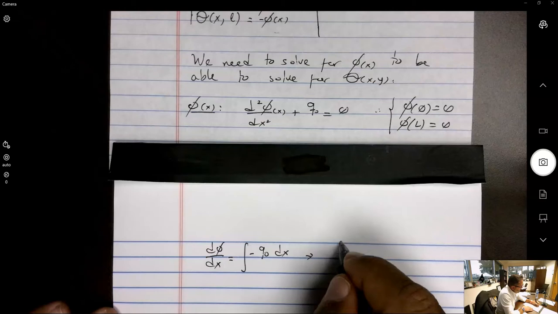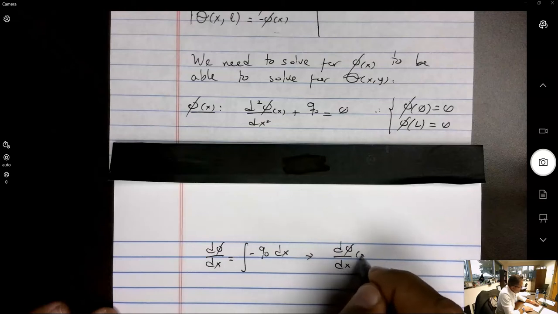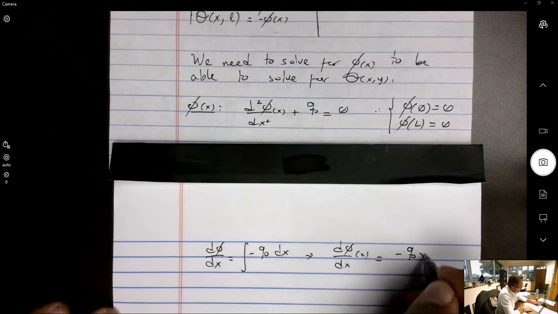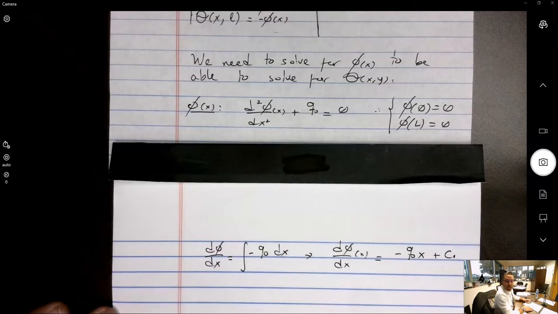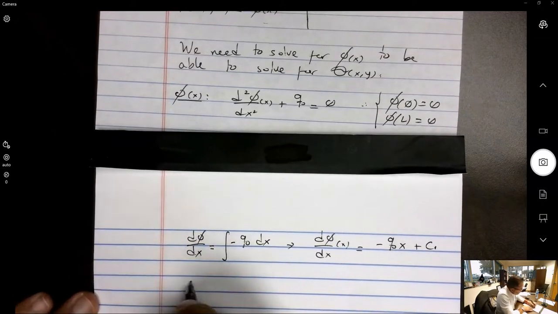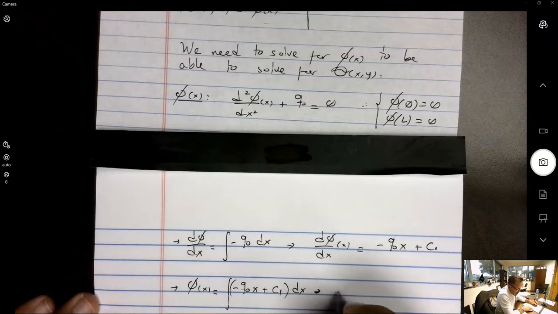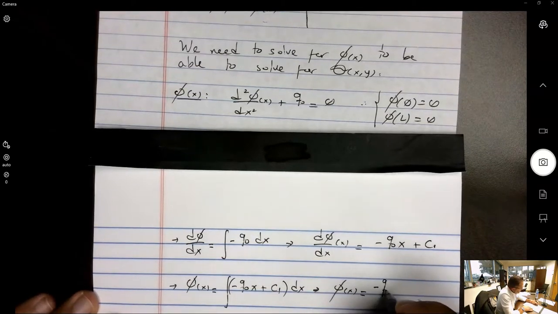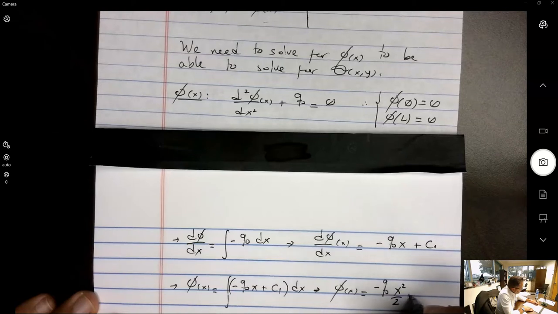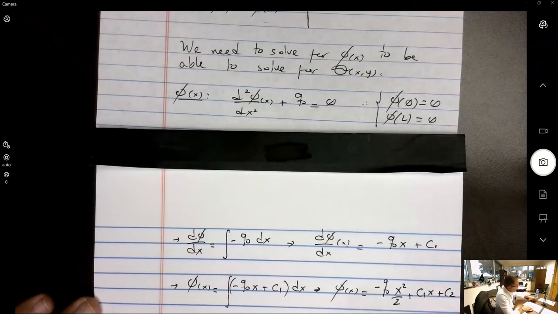That means that d phi dx is equal to minus q0 x plus some constant of integration c1. Furthermore, then phi of x should be equal to the integral of minus q0 x plus c1 dx. And therefore, phi of x should be equal to minus q0 x squared over 2 plus c1 x plus c2. All right, so this is the general solution.